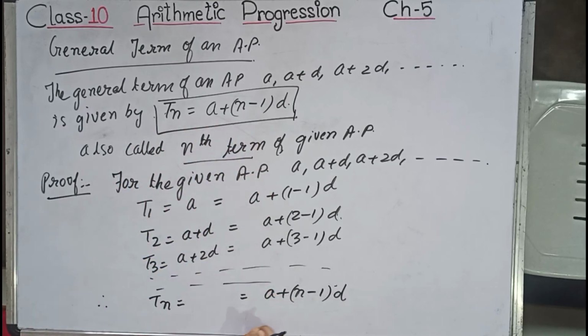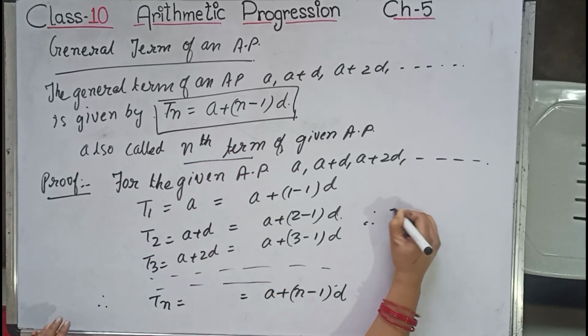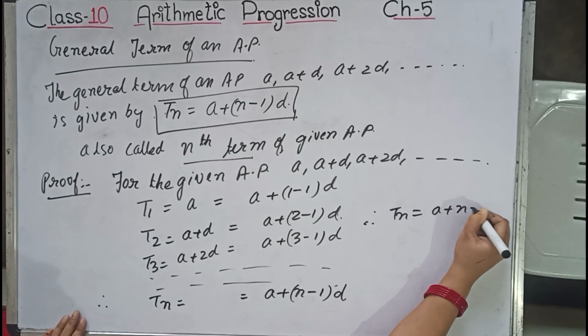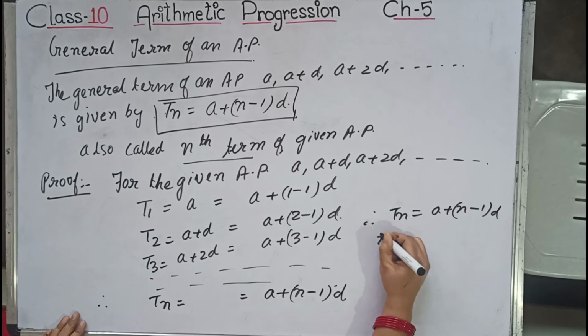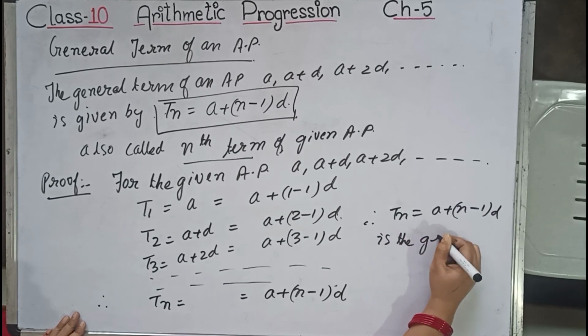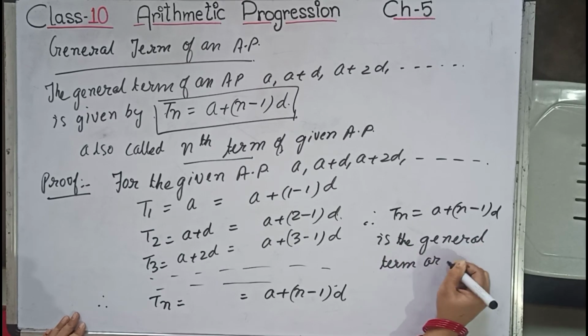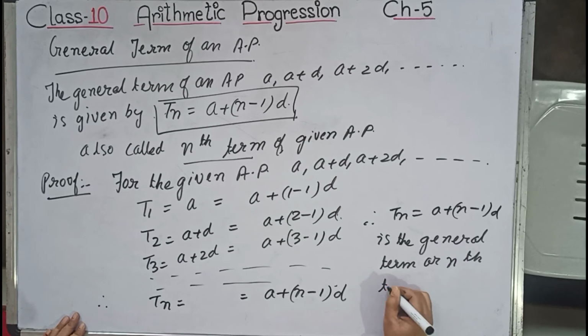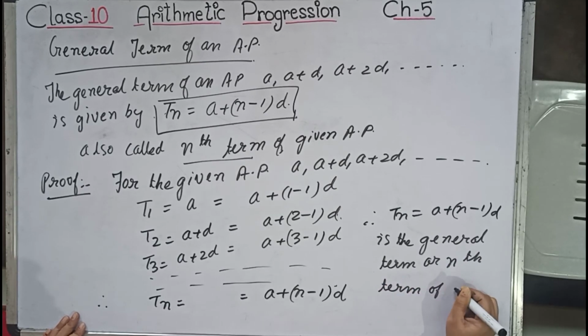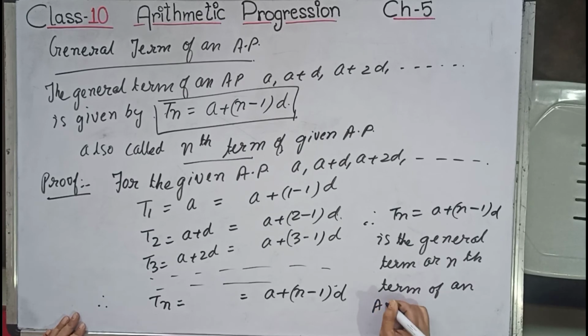Therefore, Tn equals a plus n minus 1 into d is the general term or nth term of an AP whose first term is a and common difference d.